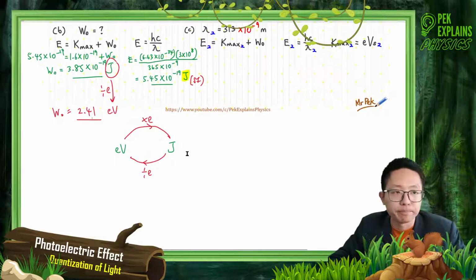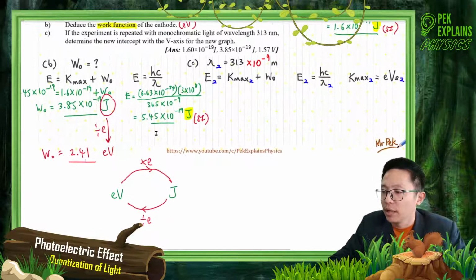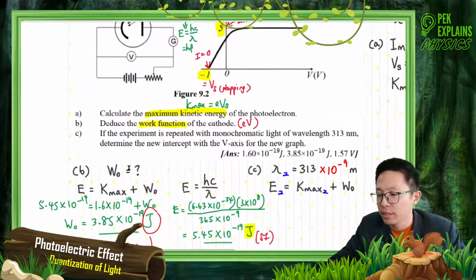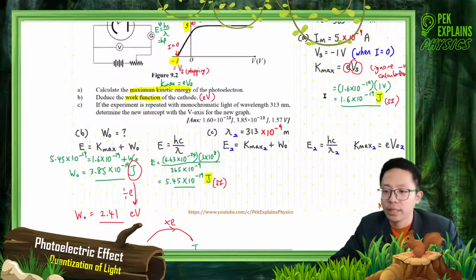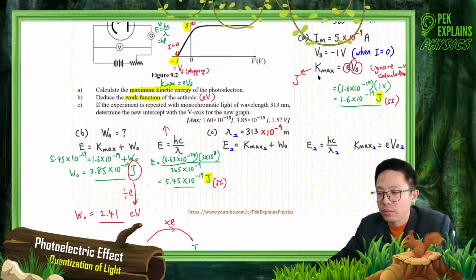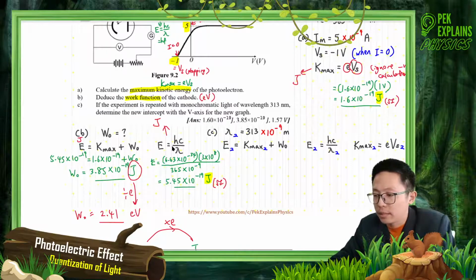That's it. Make sure when you use this equation, this formula will surely give you the unit joule first. Then when you substitute into this equation, make sure you maintain the same unit.